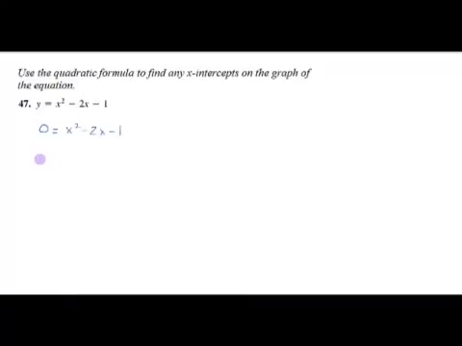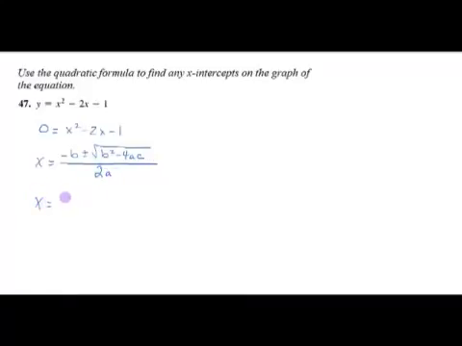So my quadratic formula again is x equals -b plus or minus the square root of b squared minus 4 times a times c all over 2 times a.